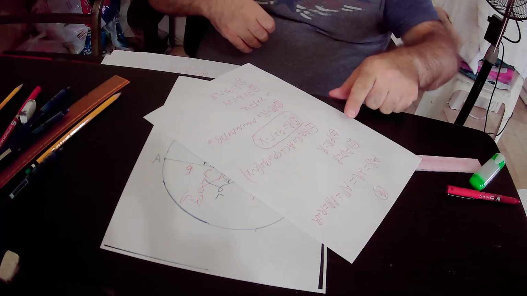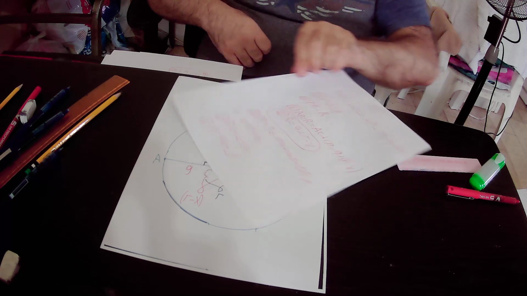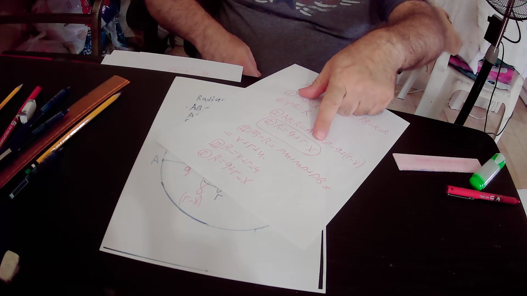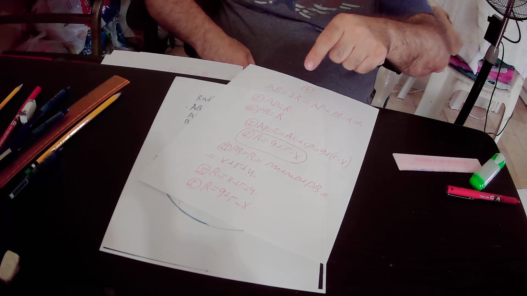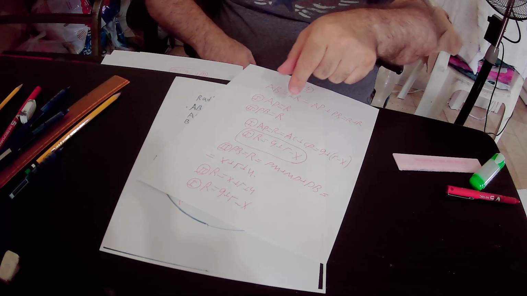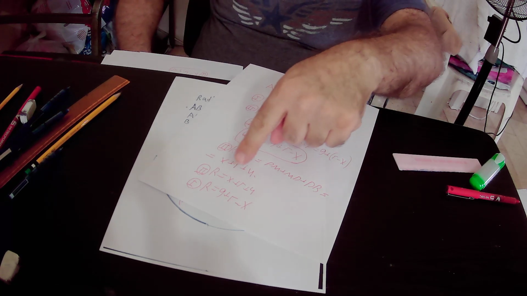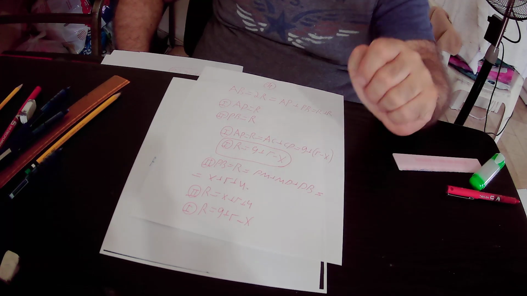From the first expression, we got that capital R equals 9 plus small r minus x, and from the second expression, which states that PB equals R, we got that capital R equals X plus small r plus 4.